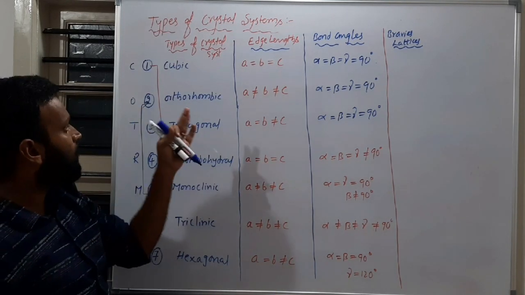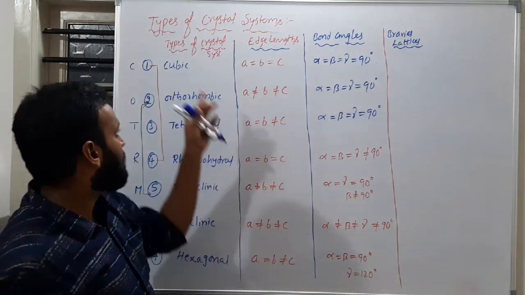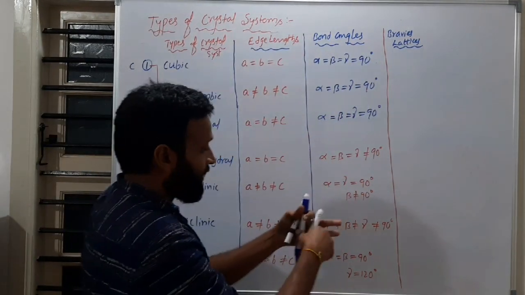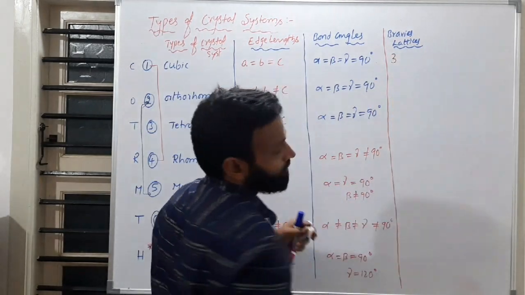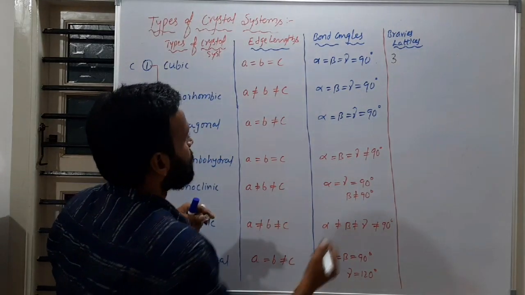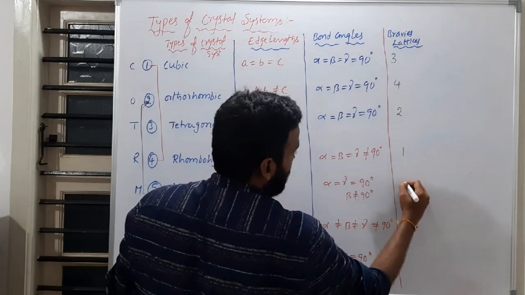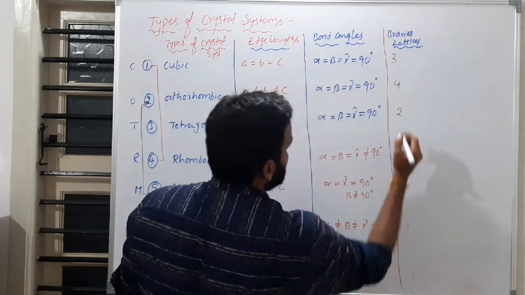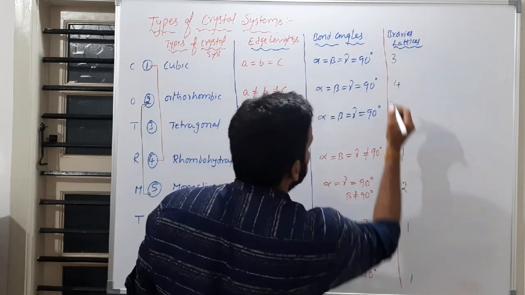So based on the positions of atoms or ions, this cubic is again classified into 3 types of crystal systems. What are those? This orthorhombic, 4 types, 2, 3, 4, 2, 1, 2, 1, 1. You just have to remember, they exist like this. I cannot do anything.